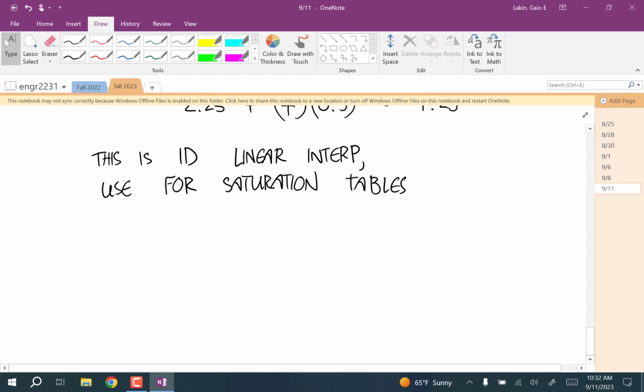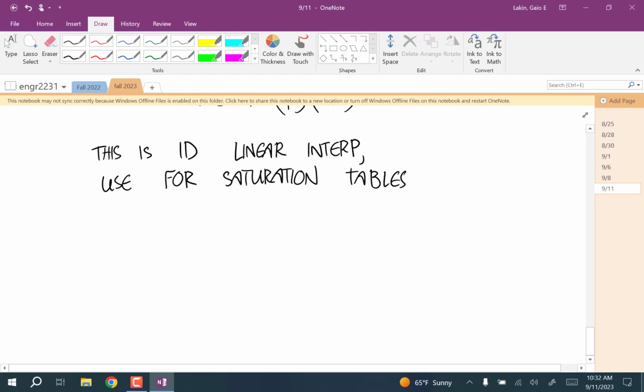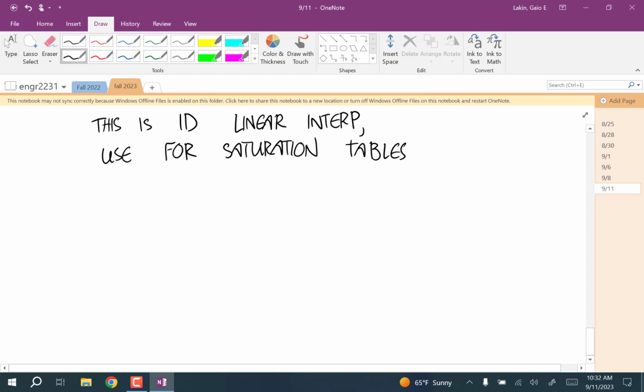Yes, you definitely can do that. And we're going to be able to use basically the same approach for 2D also. It's just going to be a multi-step thing. Okay, let's do an example now using values that you get from the table.